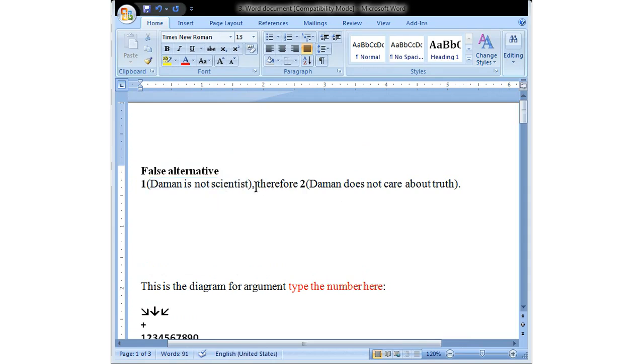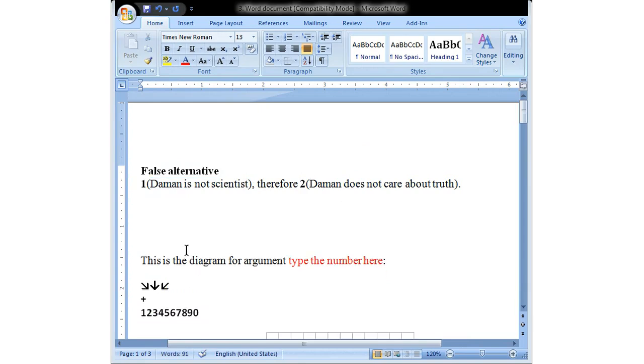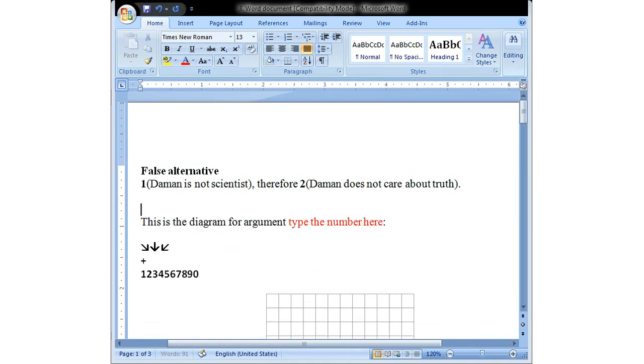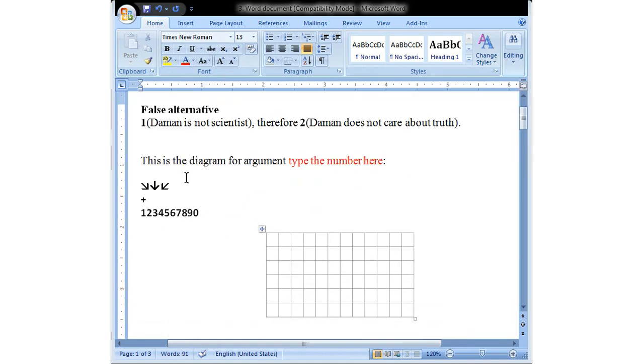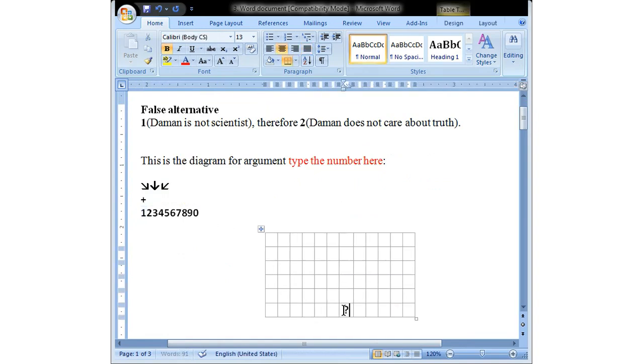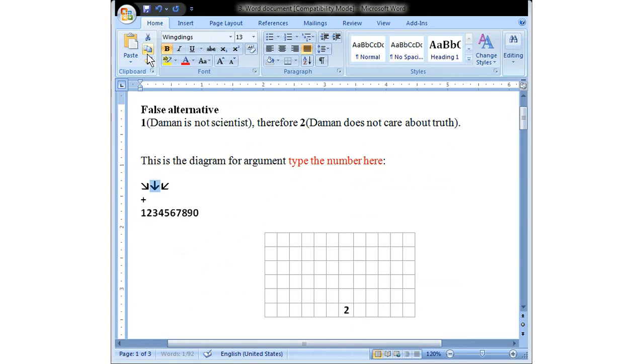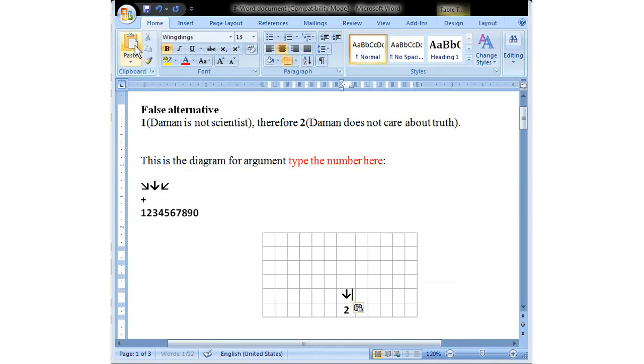Can we infer from this that the man does not care about truth? And again, if you had to use our methods that we know and love for modeling this, what would I put at the bottom? What number would I put here at the bottom? The man does not care about truth, not about the truth, just even truth in general. Why? Because, and the reason given is that the man is not a scientist.